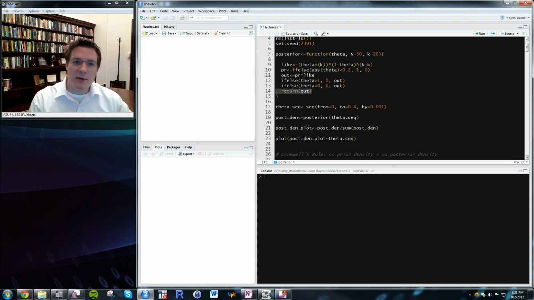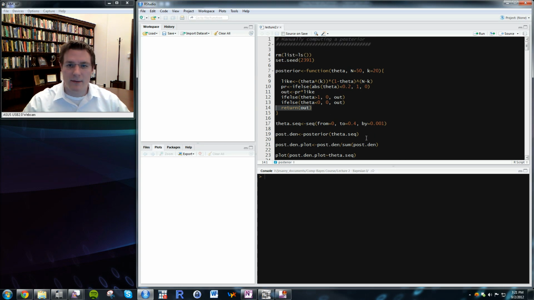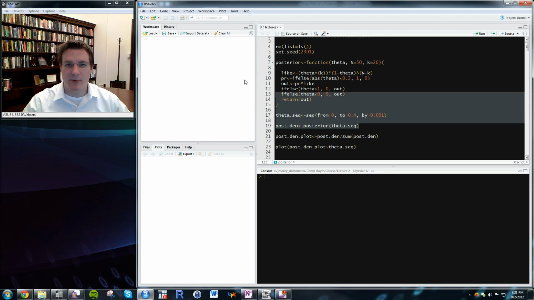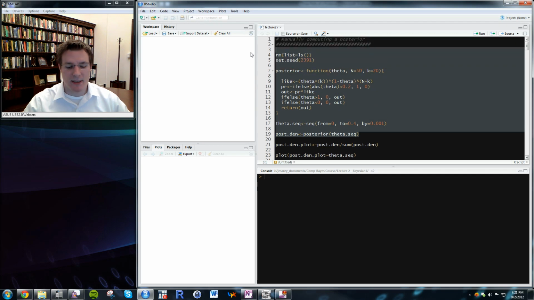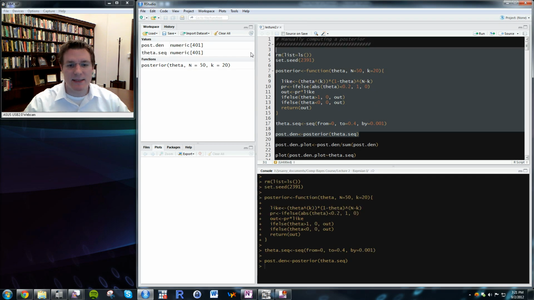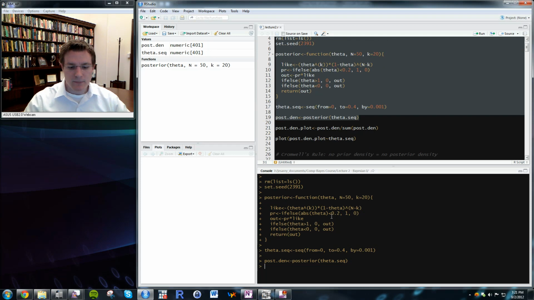So what I do now is feed a sequence of thetas from 0 to 0.4 into this posterior function and get some density estimates. If I just look at the first few density estimates here, you can see they're very, very small.